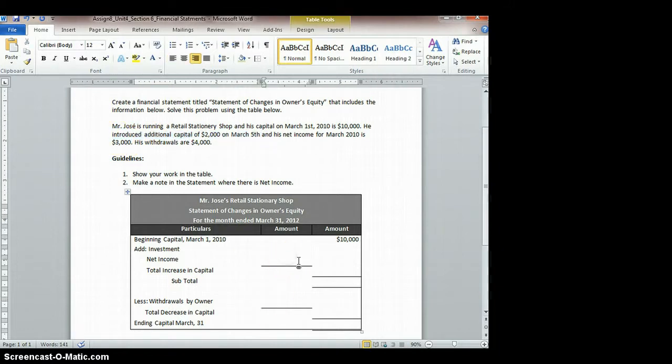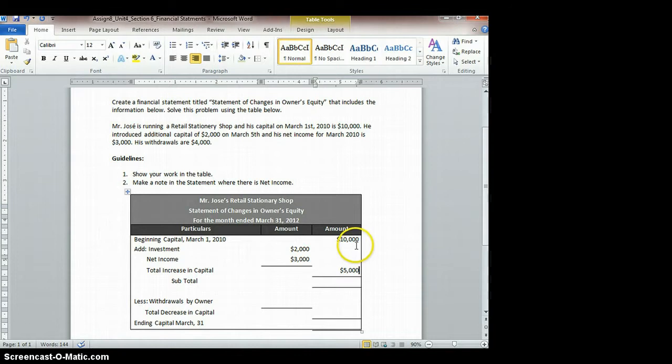So he did an additional investment of $2,000, and we had a net income from our income statement of $3,000. So we add that in here too, because net income increases our overall capital. So then we draw our single rule line saying, okay, we're going to add up these two numbers now, and then we write our total over here back in the right column.